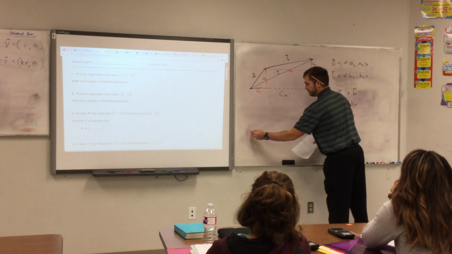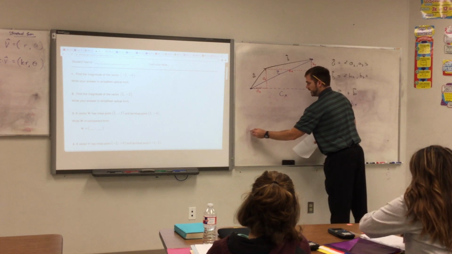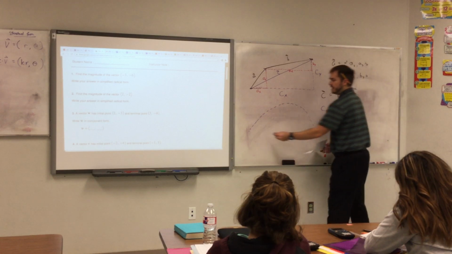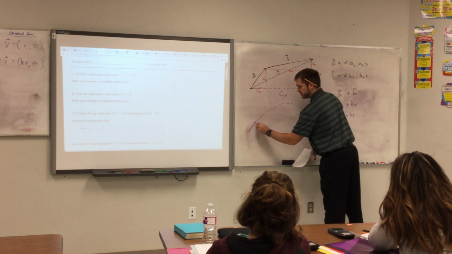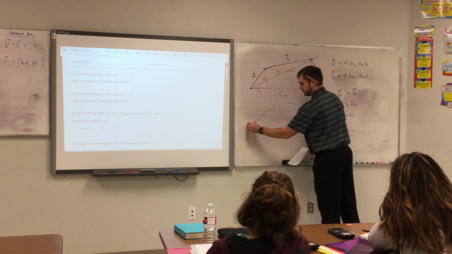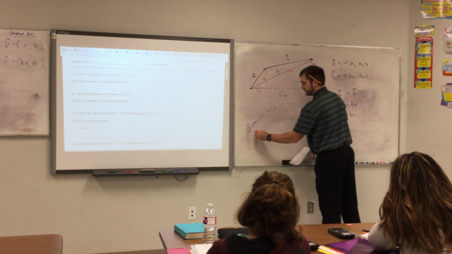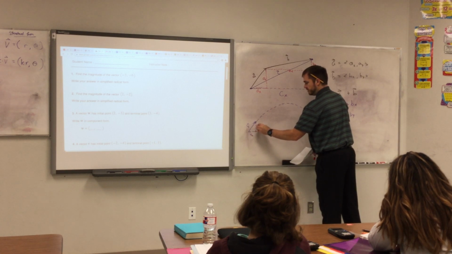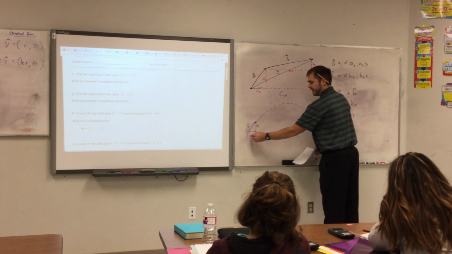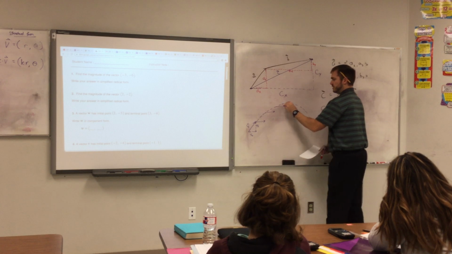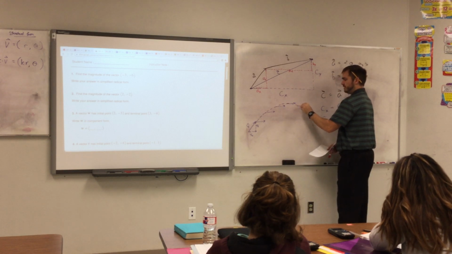If I throw something and it travels like this, with an initial velocity vector that has a Vx and a Vy, that horizontal velocity is the same throughout the entire time of flight.